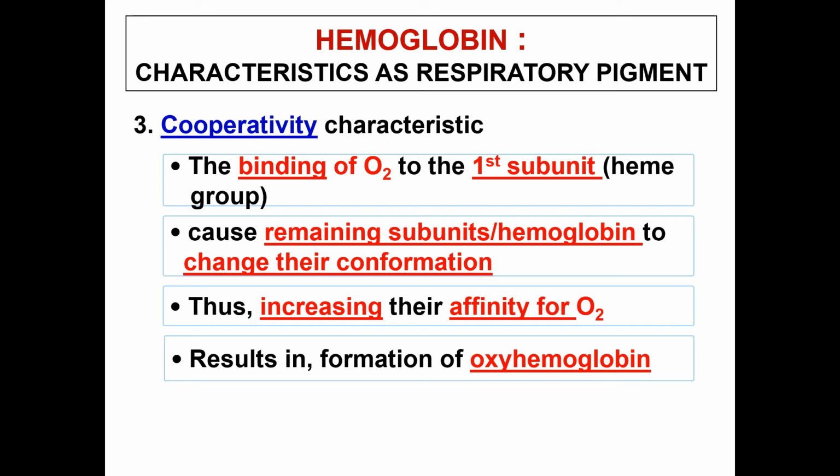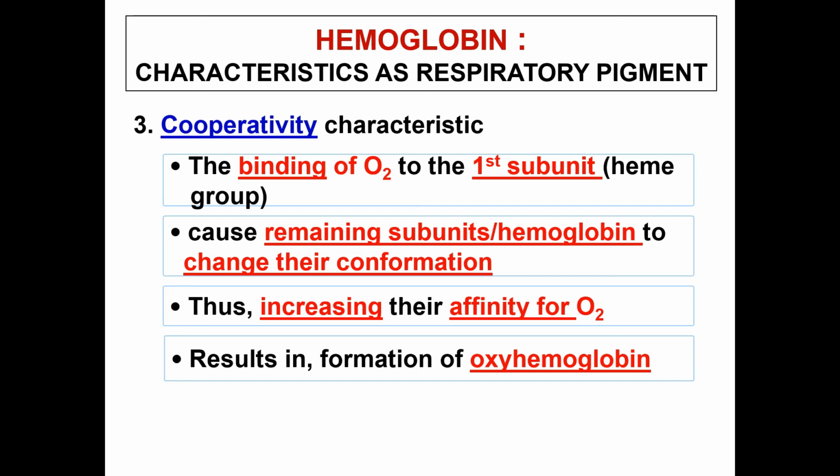Jadi sebab tu dalam ayat ni dia kata the binding of oxygen to the first subunit will cause the remaining subunit to change their conformation, change their shape. Okay, jadi kalau kita belajar enzyme induced fit tu kan, ni konsep yang sama. Cuma enzyme dia induced fit tu substrate bind to the active site. Kemudian enzyme akan membentuk mengikut bentuk substrate, induce the binding, induce the change.